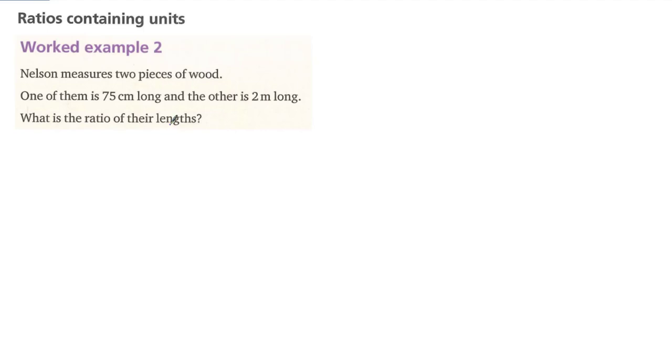Remember, before you make a ratio between these 2 pieces of wood, we should set them to have the same unit of measurement. In this case, we should either make both of them in centimeters, or convert both of them into meters. So let us convert everything into centimeters.